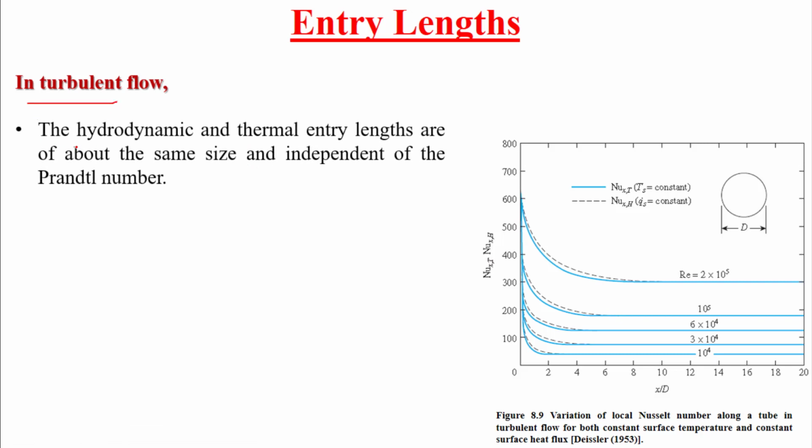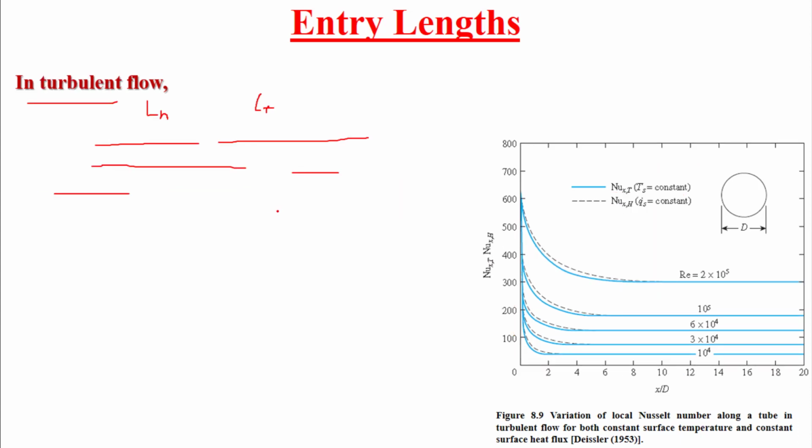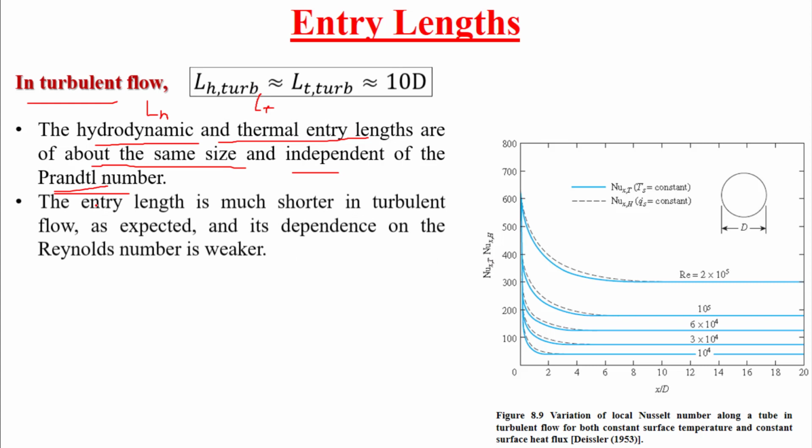In turbulent flow, the hydrodynamic entry length LH and the thermal entry length LT are of about the same size and independent of the Prandtl number. Okay, so here is the equation: LT turbulent, LH turbulent, equal to 10D. So they are equal and they are independent of the Prandtl number.